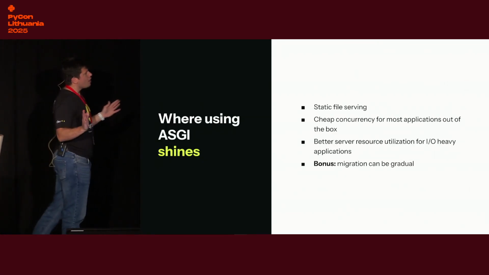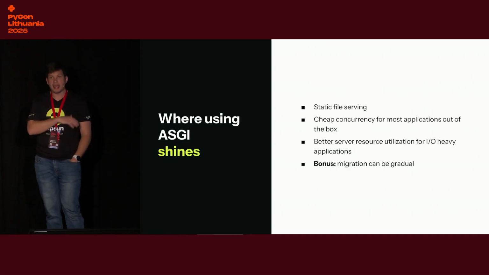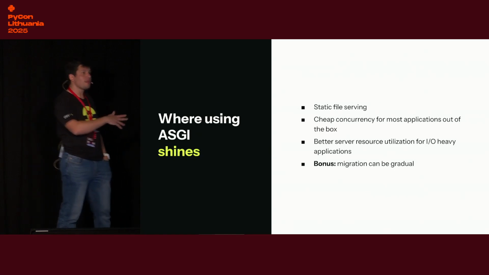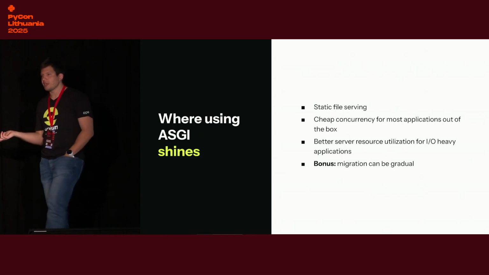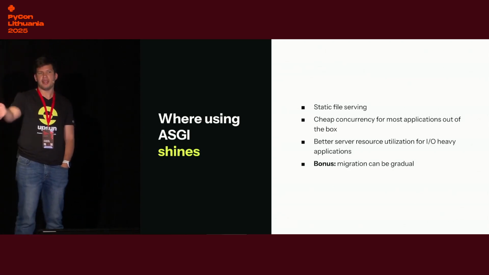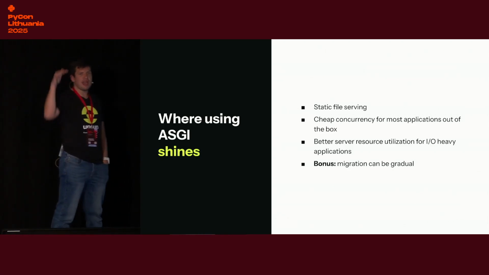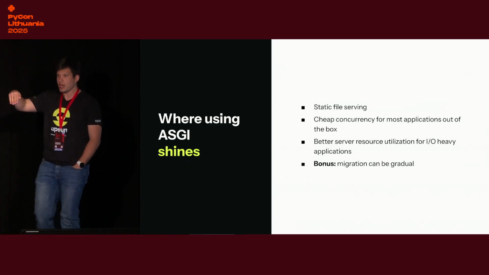But again, just by running Django with an ASGI server, you get a lot of nice things out of the box without doing anything. For example, you have static file serving. A big problem with Django applications has been that, okay, I have 8 Unicorn workers. This means that I can have 8 concurrent requests hitting my server without the next one waiting.